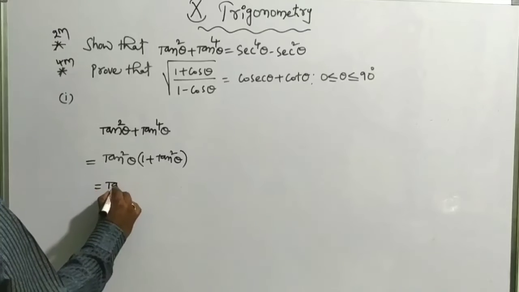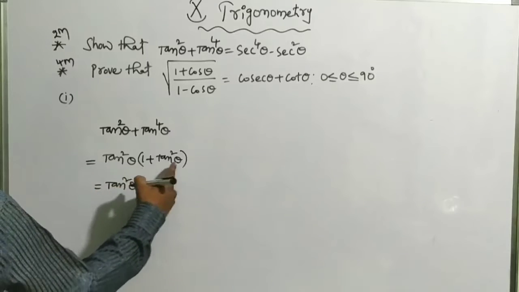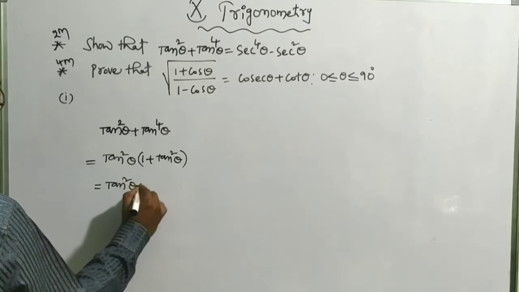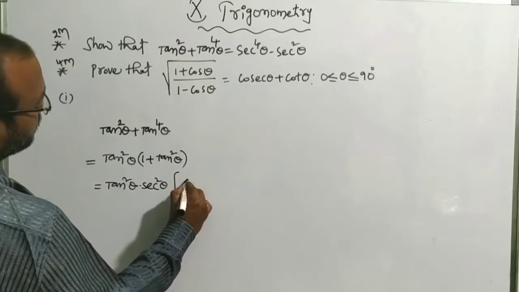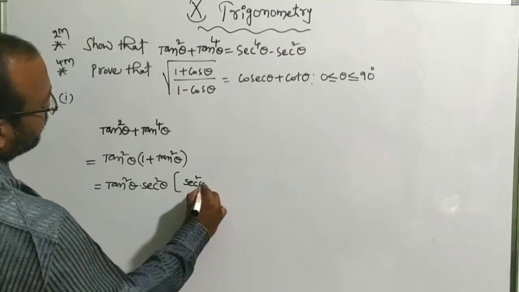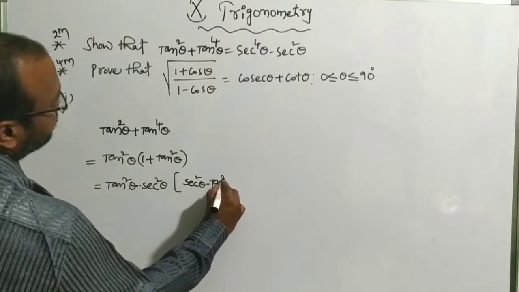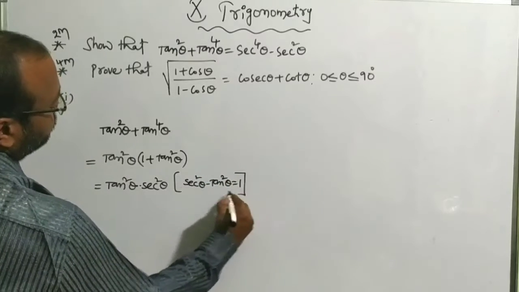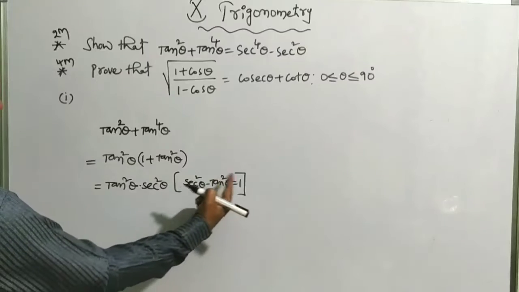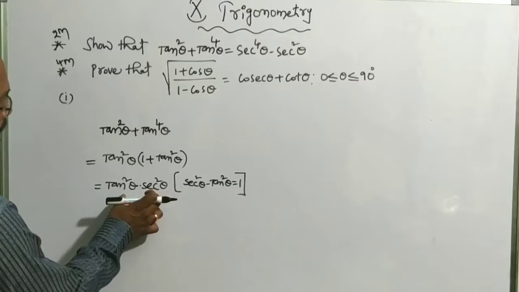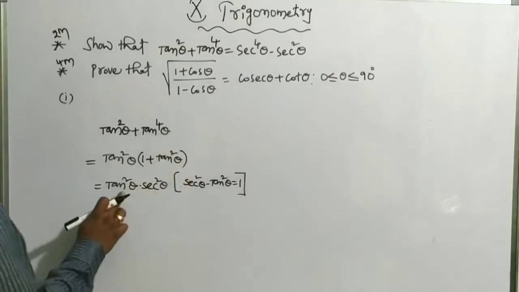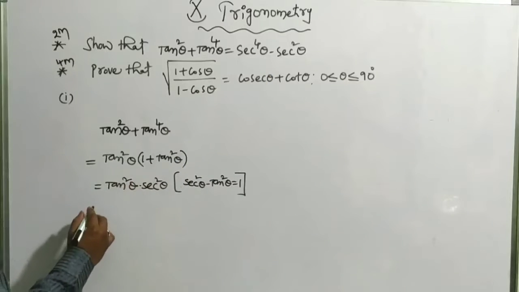Now we already know 1 plus tan square theta is nothing but sec square theta. Why? Because sec square theta minus tan square theta is equal to 1. So from that, if you take minus tan square theta to the right part, we can get 1 plus tan square theta equal to sec square theta. Our answer is in terms of secs, so that's why we will convert this tan into sec form.